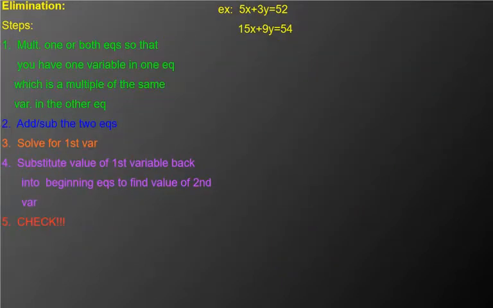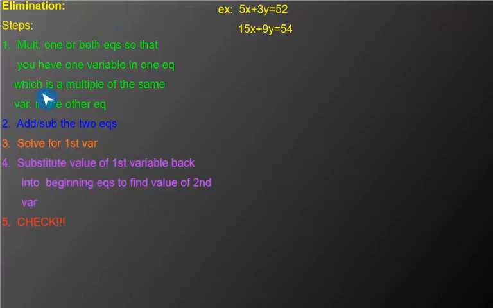So I want to do an elimination one now. The elimination problems should have some sort of common multiple going on. If I see this 5x and 15x, the 15x is a common multiple of the 5. It's just 5 times 3. That's a situation that's really begging to be solved by elimination. If one variable was by itself, I would probably do it with substitution, but it's easy enough to just do elimination here because you see a common multiple.